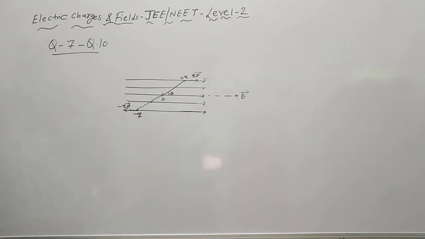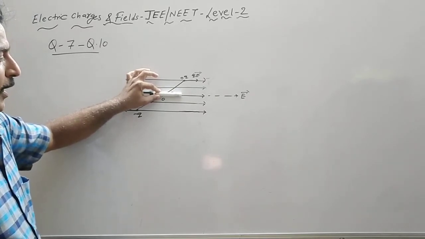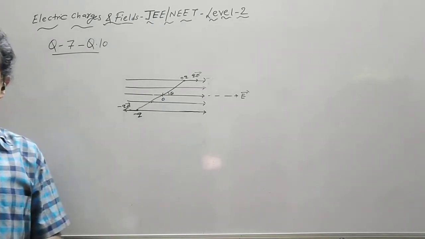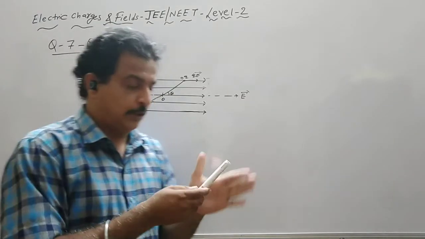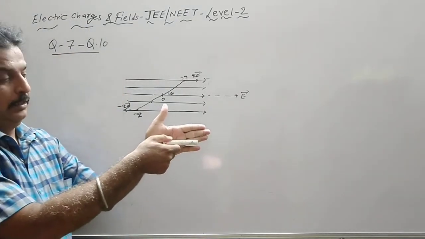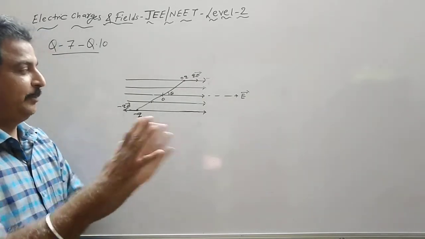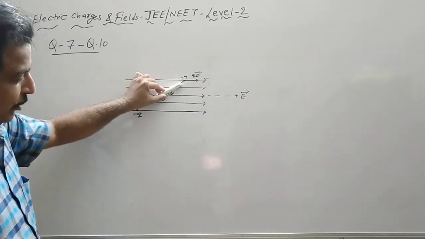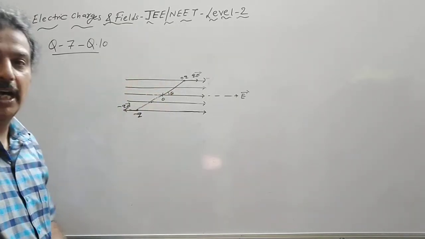Now the question is, when this dipole is aligned in the direction of the field, and if I rotate it by a small angle and leave it freely, it will not come and stop at this point. It will perform a simple harmonic motion.